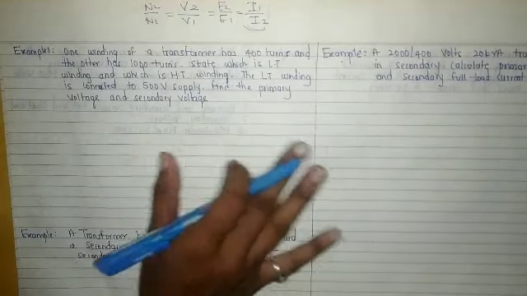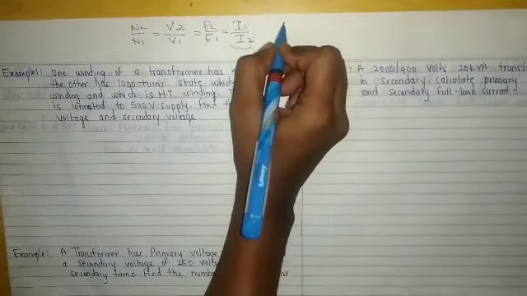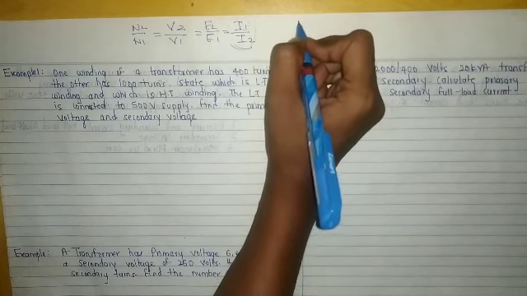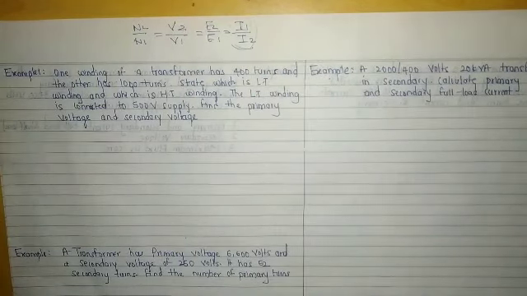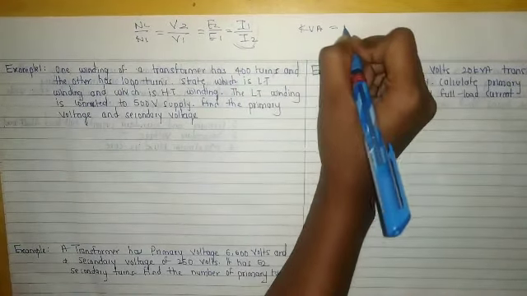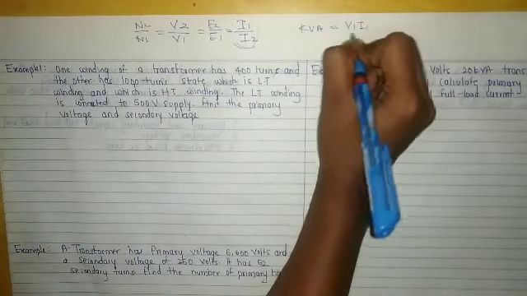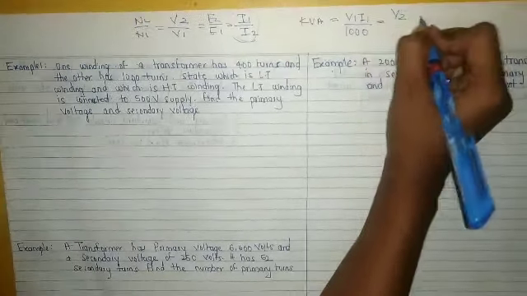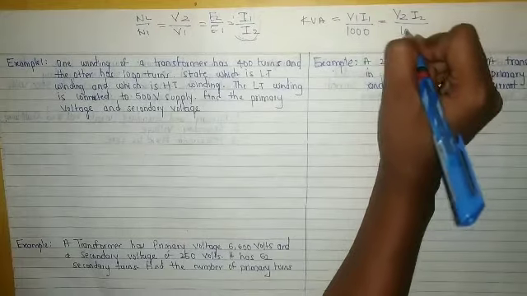So we'll see the other formulas. What is the other formula? The capacity of transformer, we have seen. It is given as kVA is equal to V1 I1 divided by 1000 is equal to V2 I2 divided by 1000.